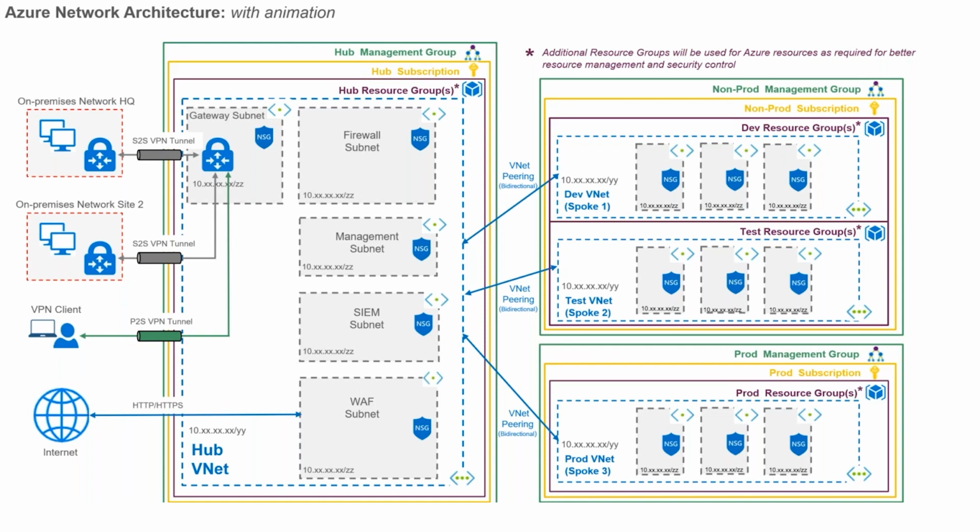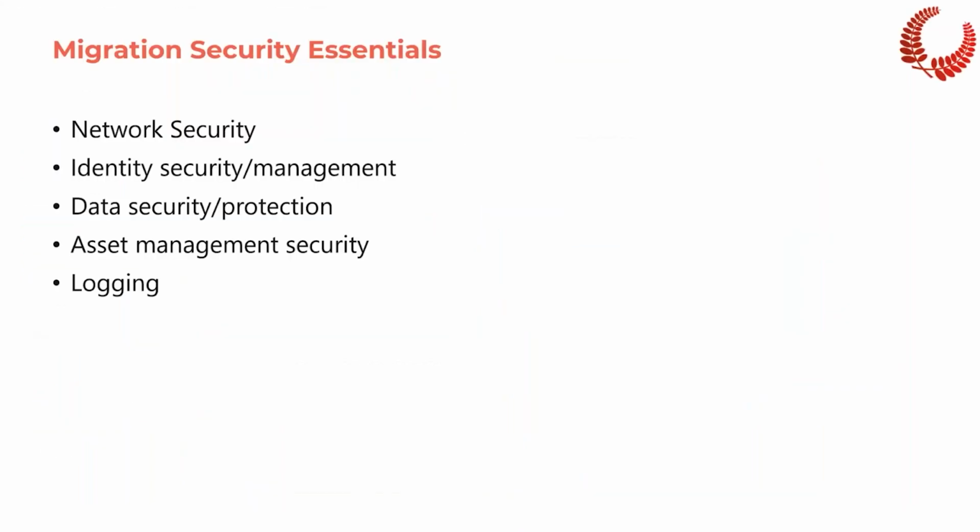There are a few baselines for the migration security that we should take care of and think up front. There are a few things: network security essentials for migration, identity concerns, then data security within migration, and the last 2, asset management security and logging.